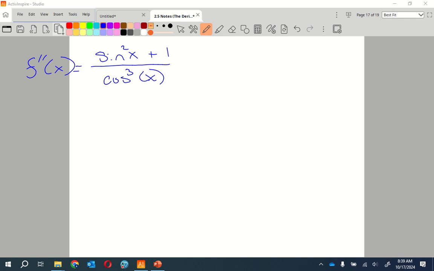And my question said I had to find what? Pi over 4, right? Okay. So on my unit circle, I'm just going to look at quadrant 1 here. Pi over 4 is right here. And I know at pi over 4, it's rad 2 over 2, rad 2 over 2.